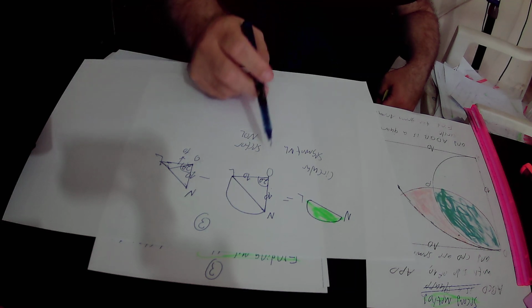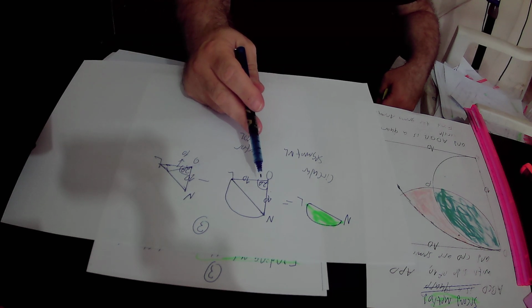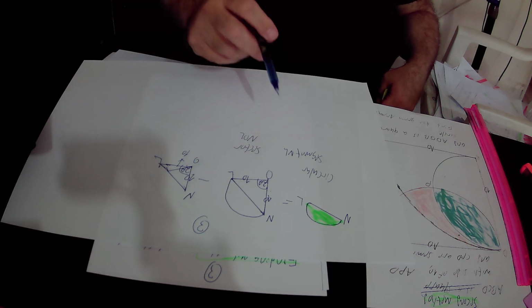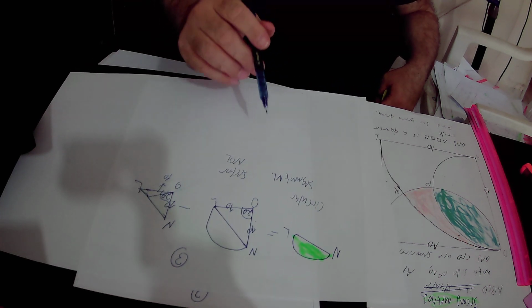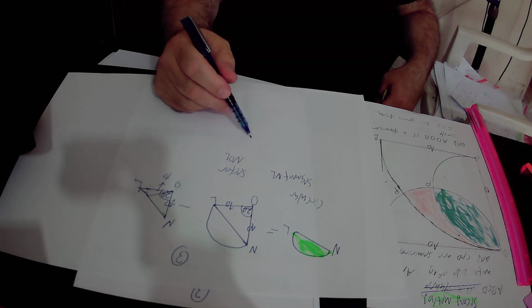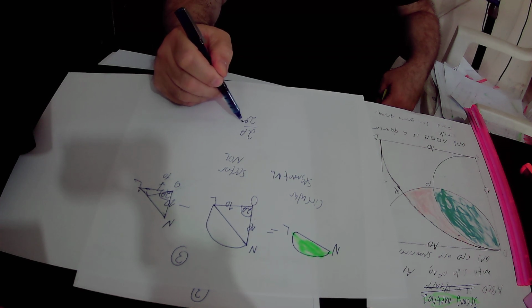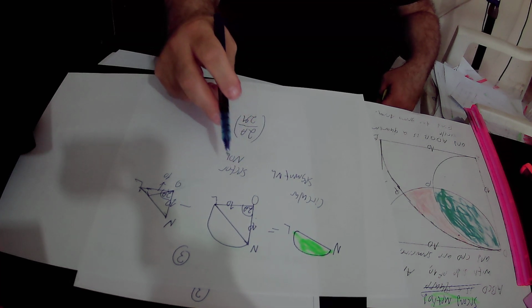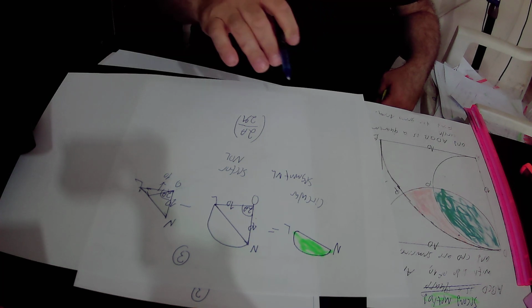And we know that the angle between the legs of sector NOL is equal to 2 theta. Therefore, the area of this sector NOL will be equal to 2 theta over 2 pi. That will give us the relative percentage that this sector occupies out of the area of the whole circle.